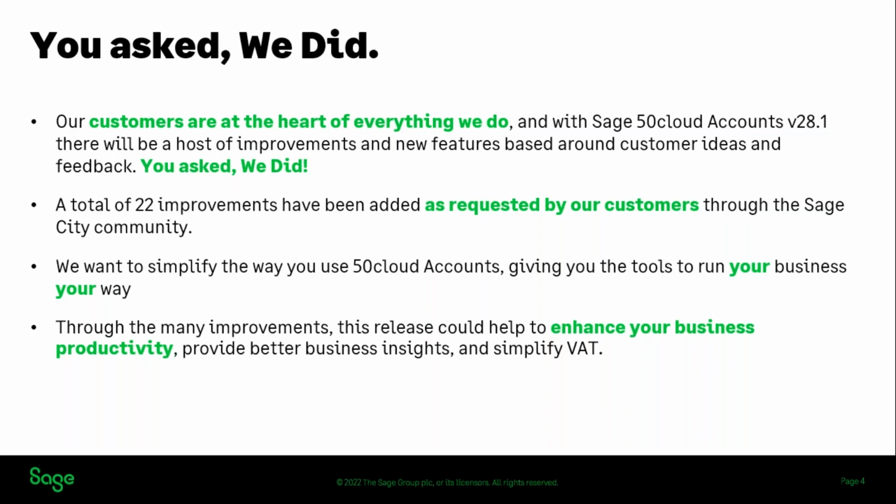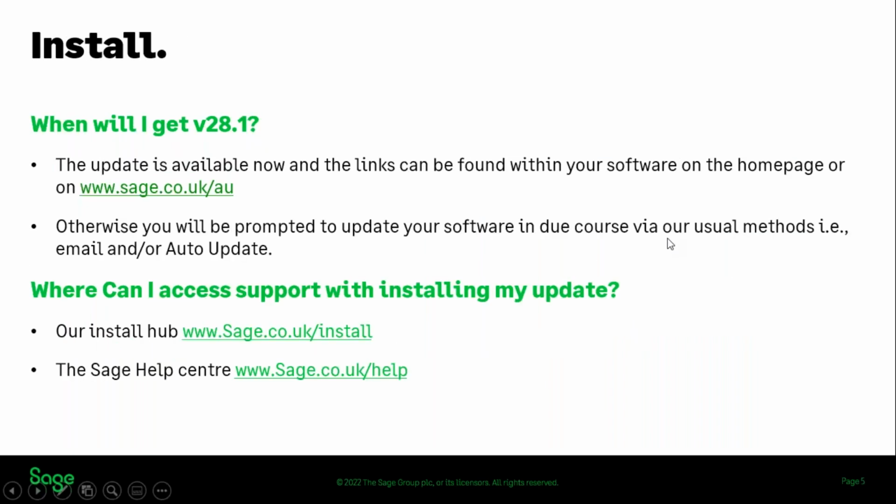So if you haven't already installed, you may be thinking, where can I get version 28.1? Now, the first place is when you log into your software, you will be greeted with a welcome page, and in lots of our version 28 software, there is a prompt within the software to get the 28.1 update.